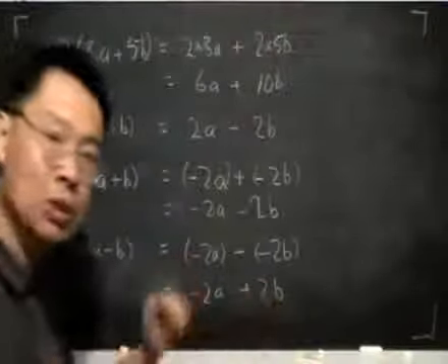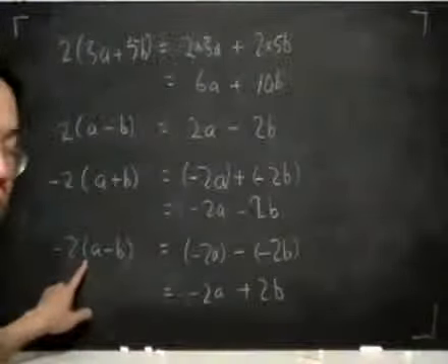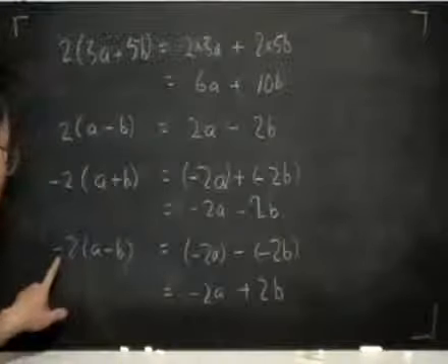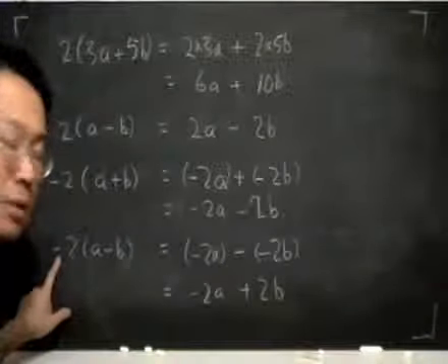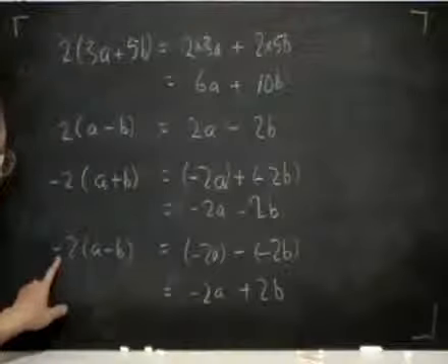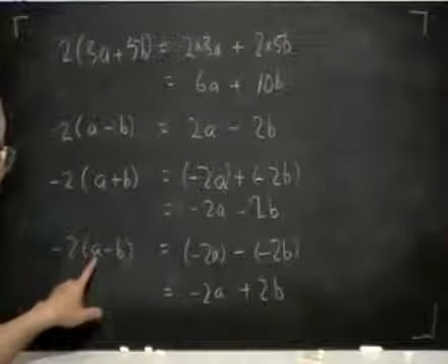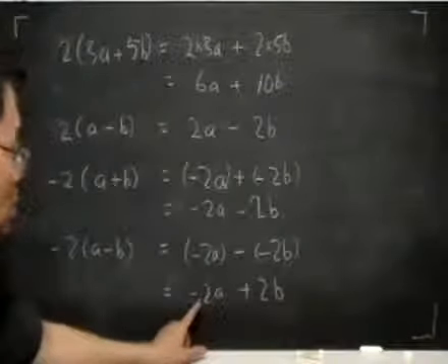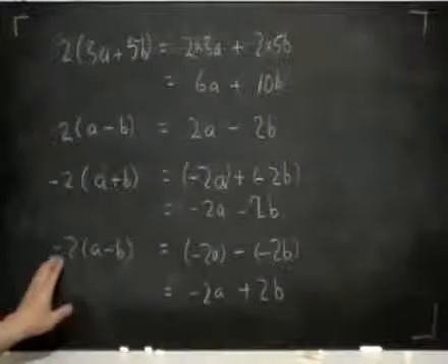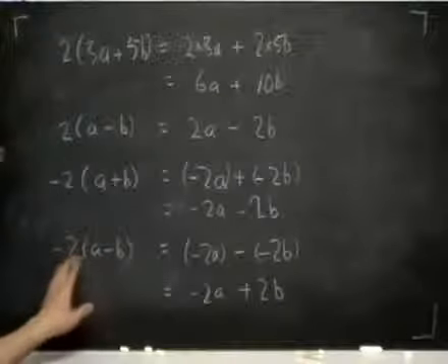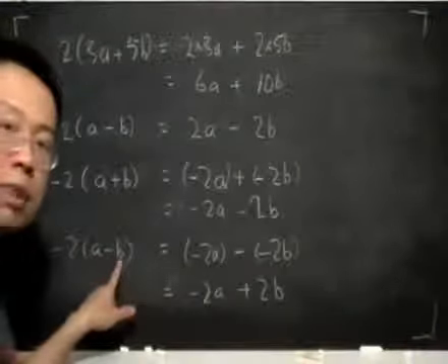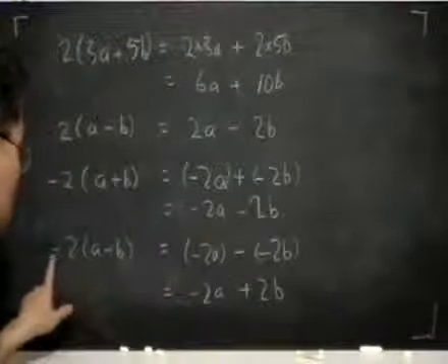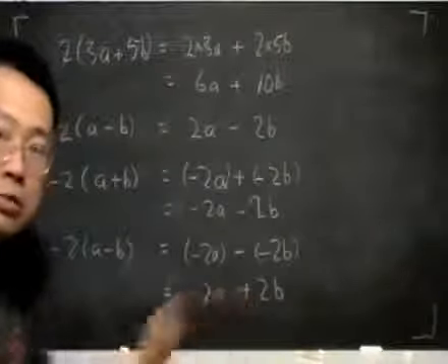And this happens because the bracket was multiplied by a negative number. So when the negative number is multiplied by A, the sign of the term A changes. When minus 2 is multiplied by the minus B, the minus and the minus cancel to give a plus.